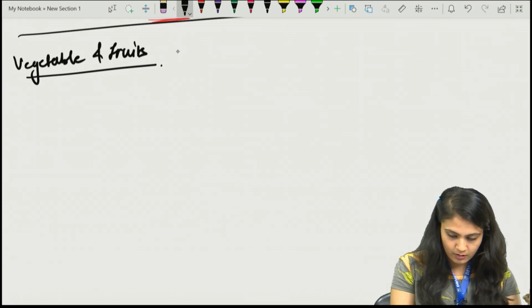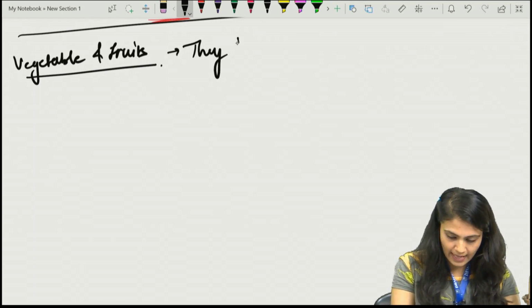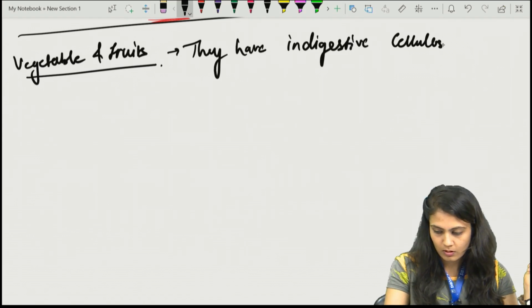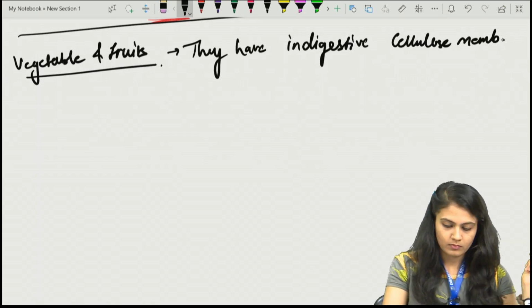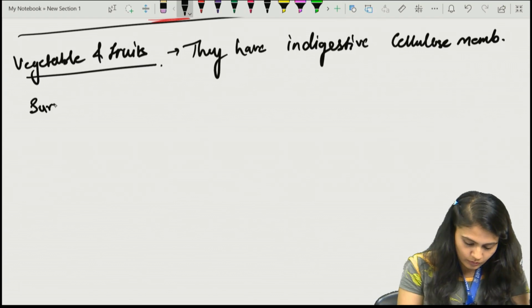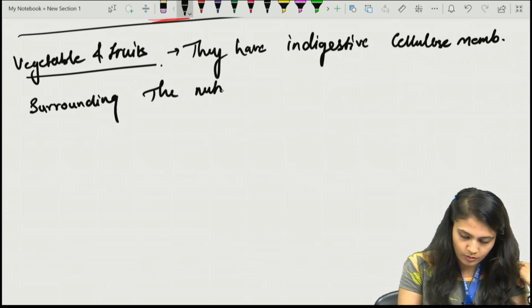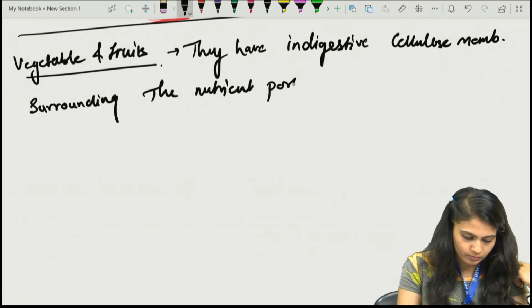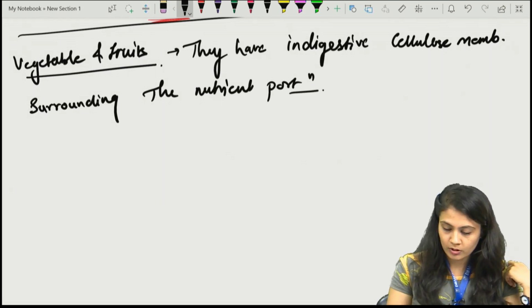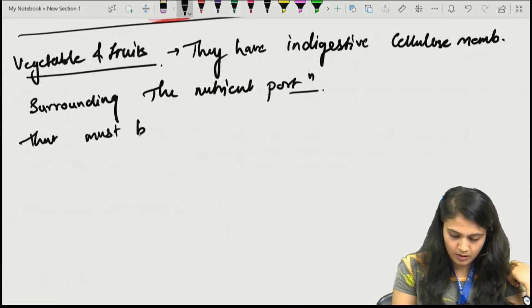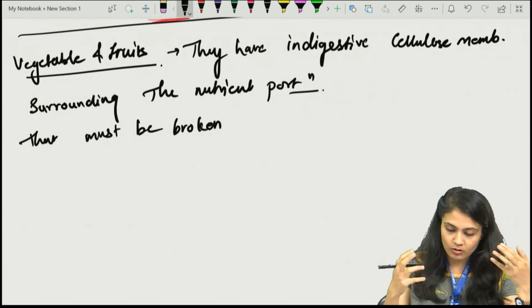They have an indigestible cellulose membrane, which is surrounding the nutrient portion that must be broken down. For what? To get contact with the digestive part inside.